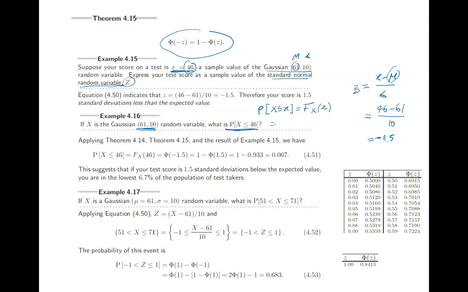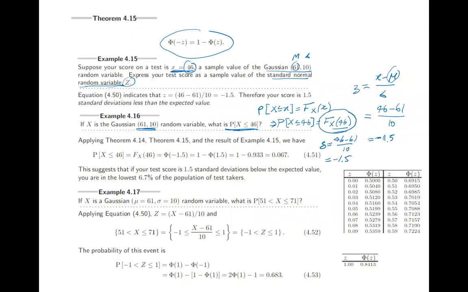So we can write this: x less than or equal to 46 is going to be F_x(46). And for F_x(46), 46 was converted to z: 46 minus 61 over 10, which is minus 1.5.